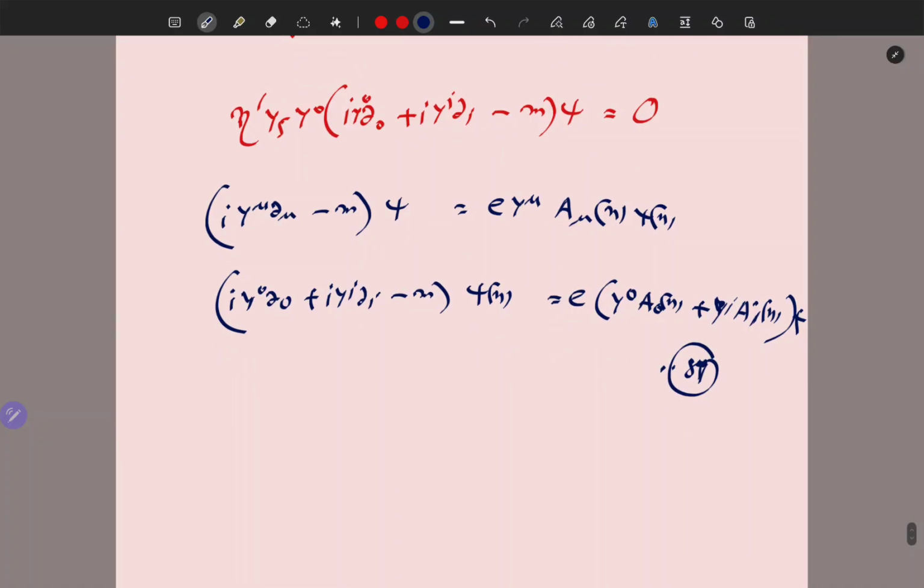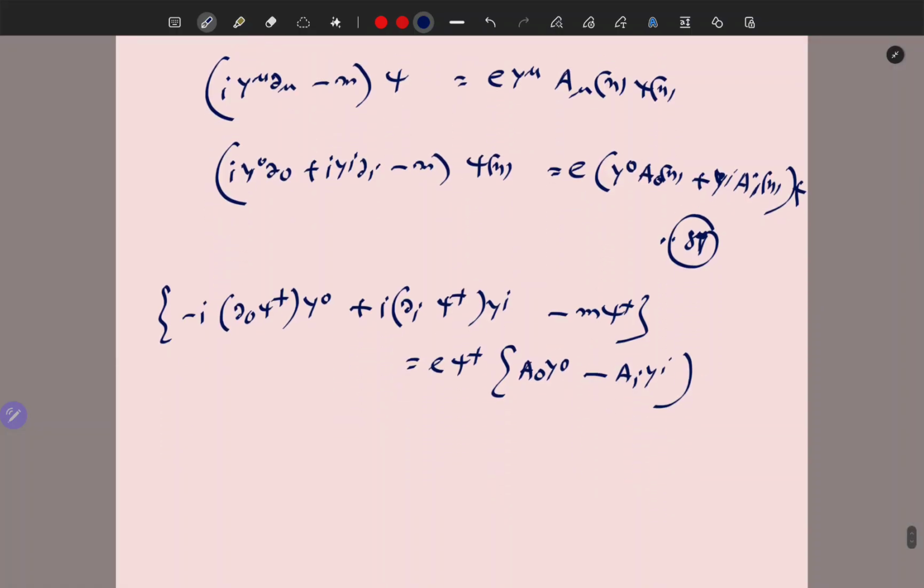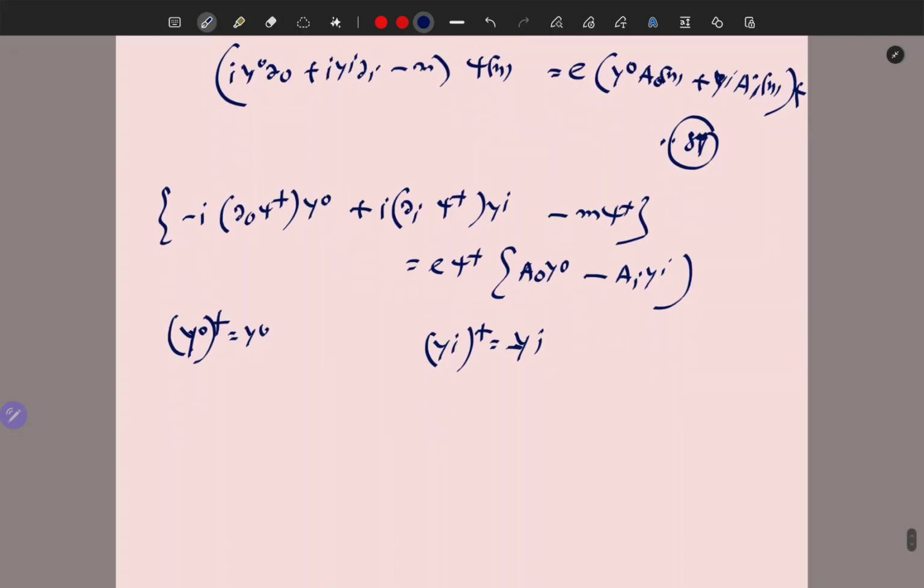Taking the Hermitian conjugate, we get −i ∂_0 ψ† γ^0 + i ∂_i ψ† γ^i − m ψ† = e ψ† (A_0 γ^0 − A_i γ^i). We used γ^0† = γ^0, which is Hermitian, and γ^i† = −γ^i, which is anti-Hermitian.